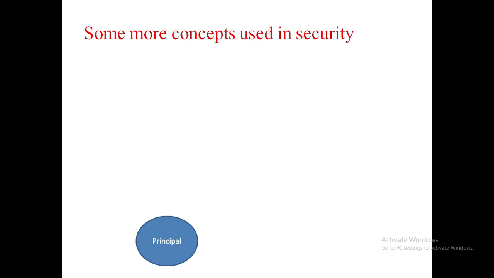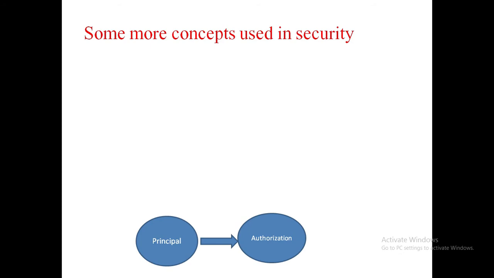Okay, then this principal must have some authorization. What is meant by authorization? Authorization is nothing but the authorities. What are those authorities? It means it should have some role defined.